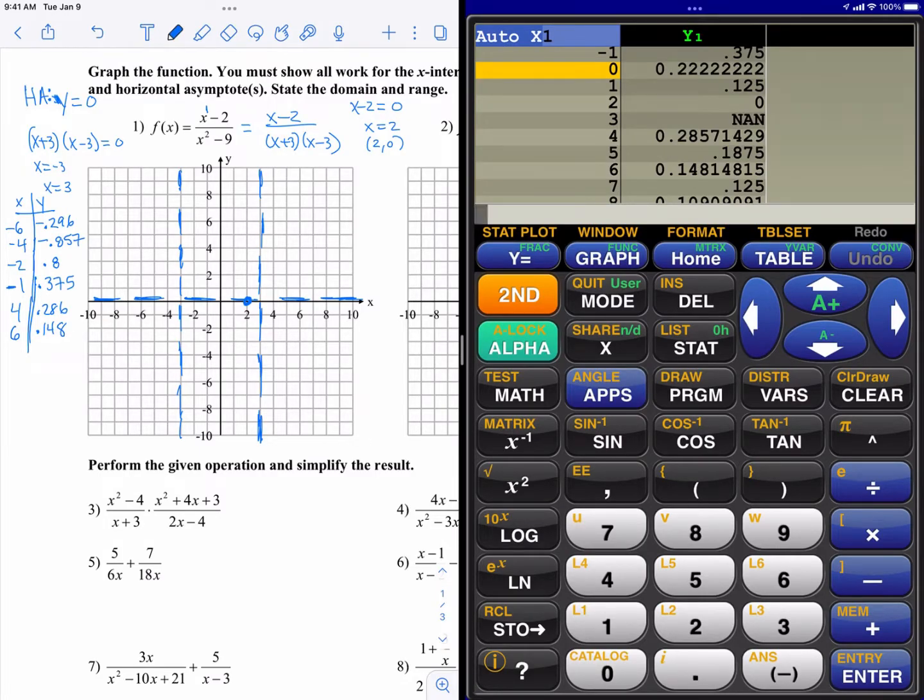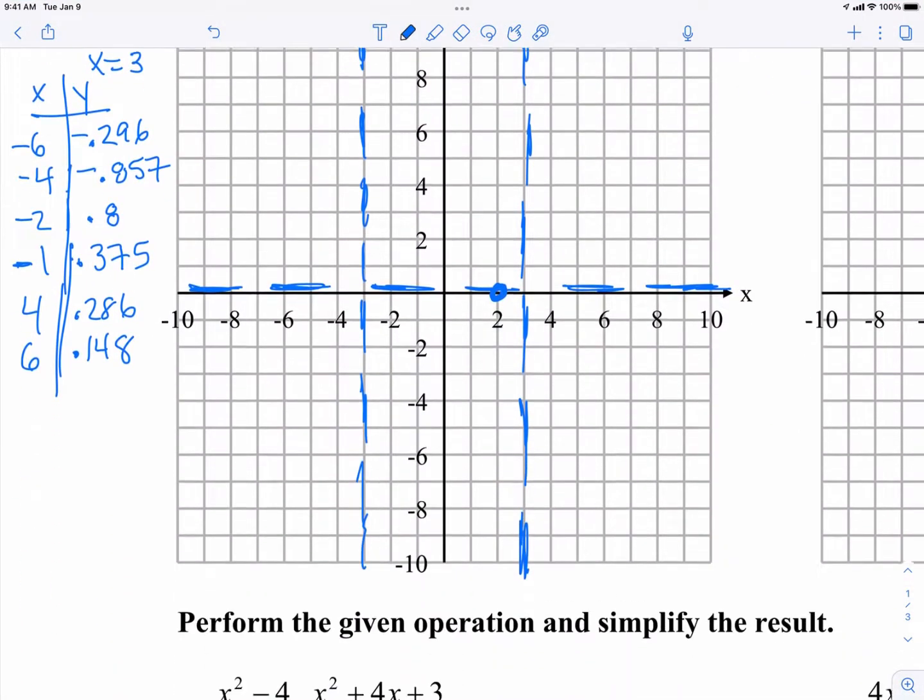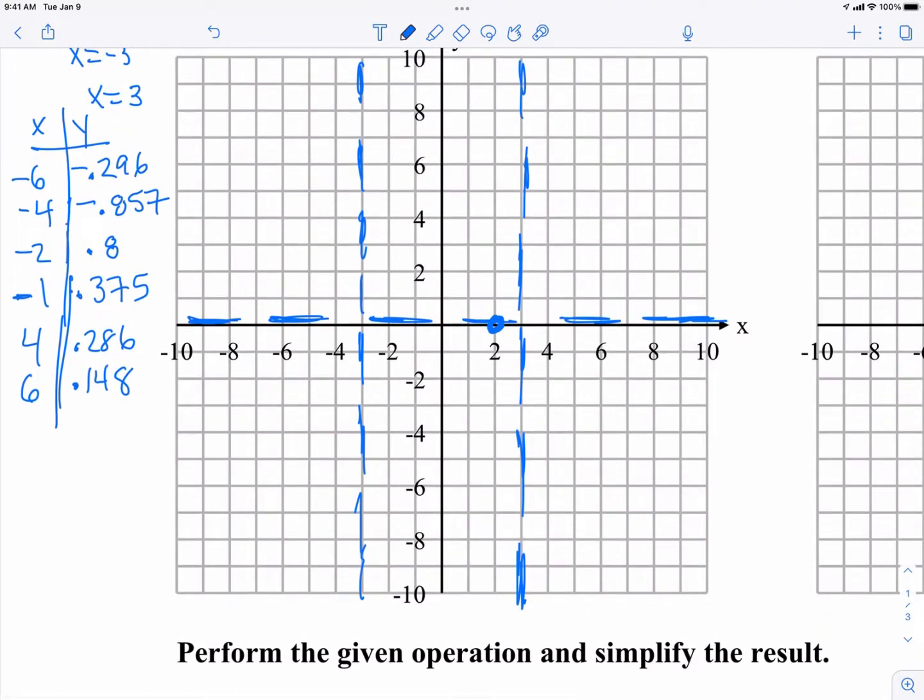Let's plot these points on the graph. Negative 6 and down 0.296, negative 4 and down 0.857, negative 2 and up 0.8, negative 1 and up 0.375, positive 4 and up 0.286, and then over 6 and up 0.148.